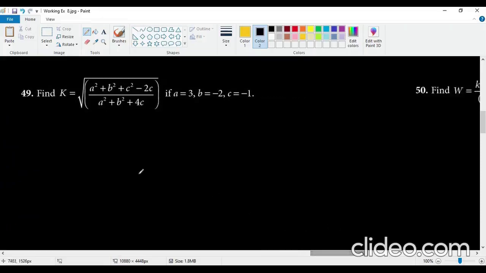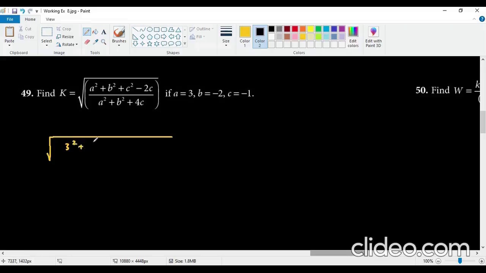For question number 49, it says you need to find the value of k when all the values of a, b and c are given. A is 3, b is negative 2 and c is negative 1. We are just plugging in the values.